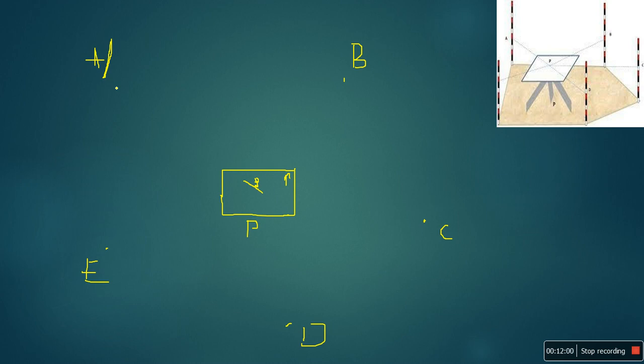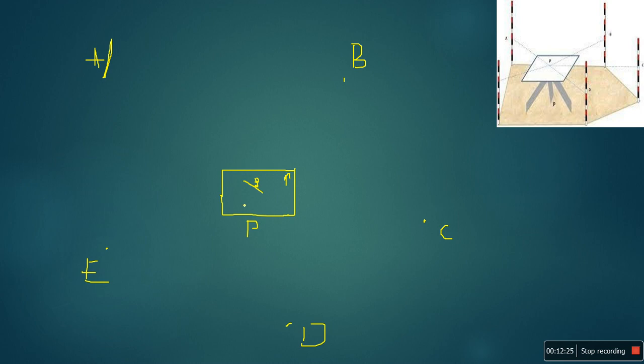Suppose it is 20 to 30 meters, in that condition the distance will be higher, so you have to consider 1 centimeter is equal to 2 meters or 1 centimeter is equal to 5 meters, depending upon the ground conditions. So here you have to select 1 centimeter to 1 meter. Suppose the distance of P to A is 5 or 6 meters, or 6.5 or 6.3, like that.